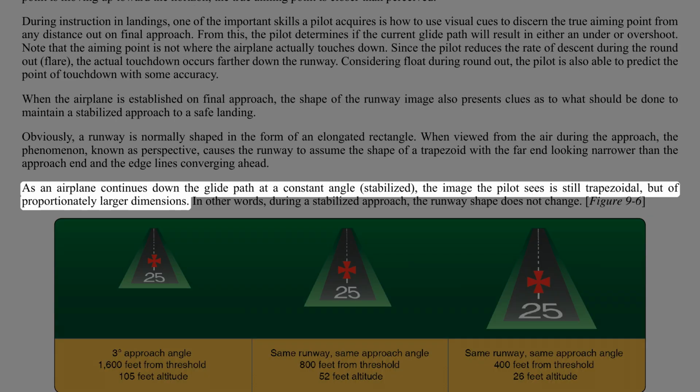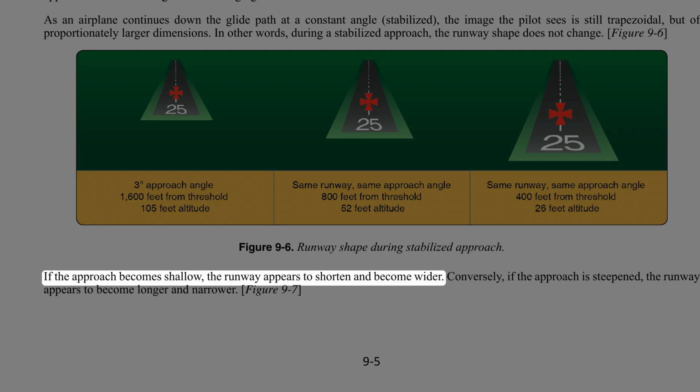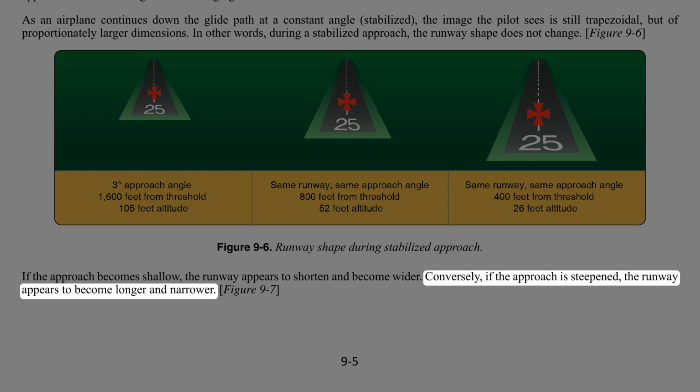As an airplane continues down the glide path at a constant angle, stabilized, the image the pilot sees is still trapezoidal, but of proportionately larger dimensions. In other words, during a stabilized approach, the runway shape does not change. If the approach becomes shallow, the runway appears to shorten and become wider. Conversely, if the approach is steepened, the runway appears to become longer and narrower.